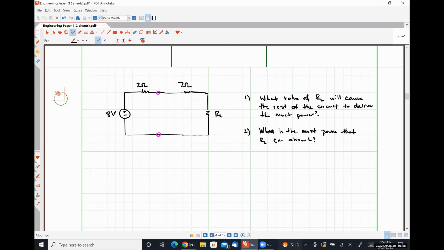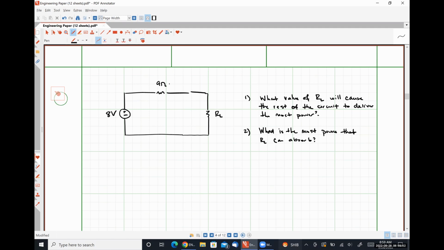Mr. Finch, what do I do next? Okay, so 2 in series with 7 is 9. Am I done? Yes, because I have a practical voltage source connected to my load resistance.